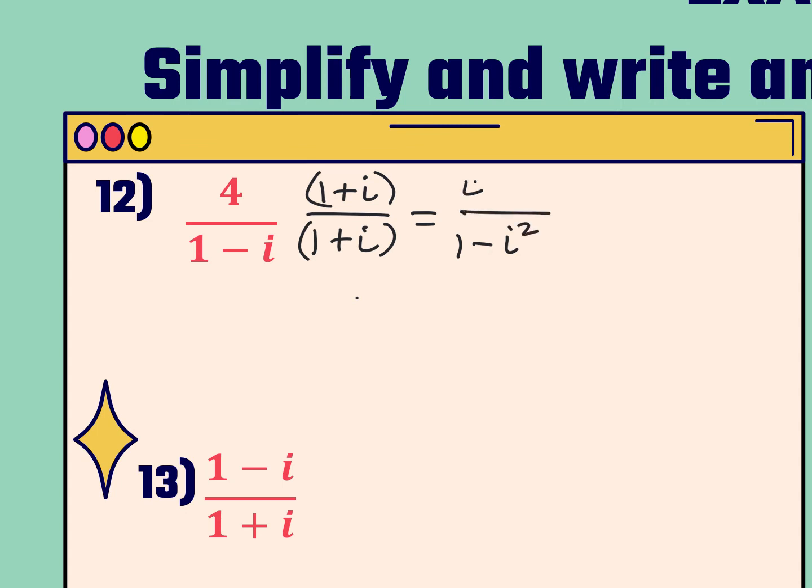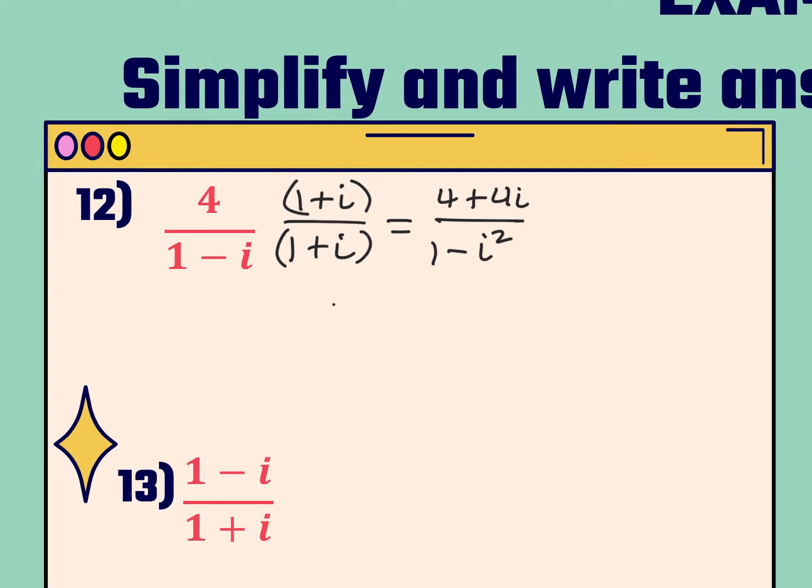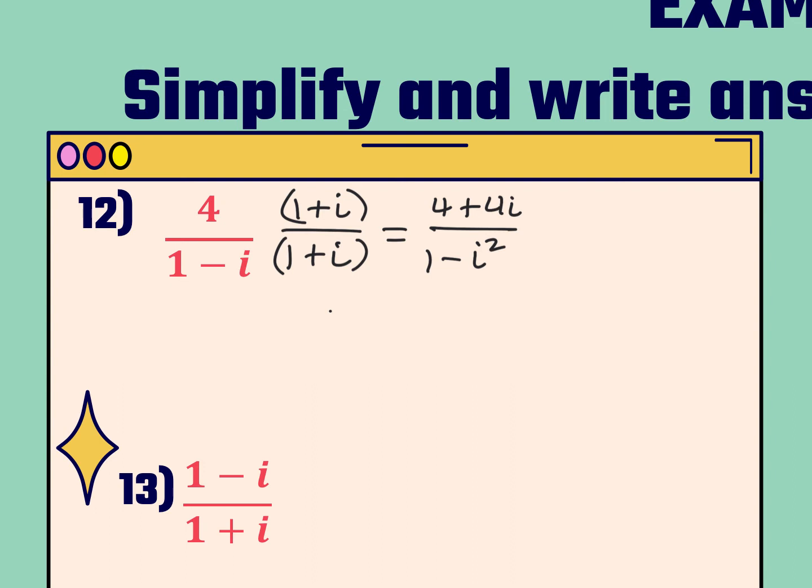The top I need to distribute. I need to get rid of this i squared because remember, when we multiply by a conjugate, it makes that i disappear. So now what I can do here is turn the i squared into a negative 1. And then 1 minus negative 1 turns into 1 plus 1.